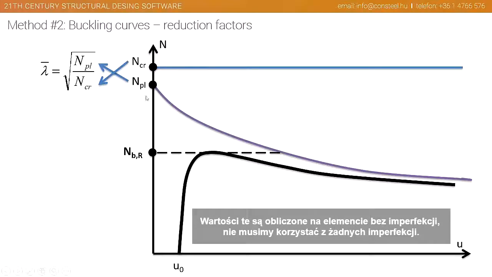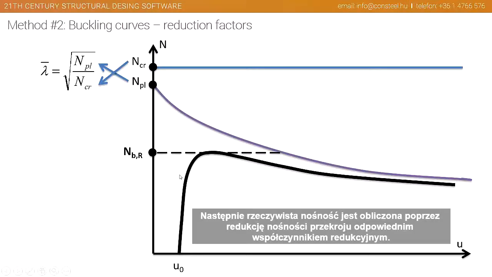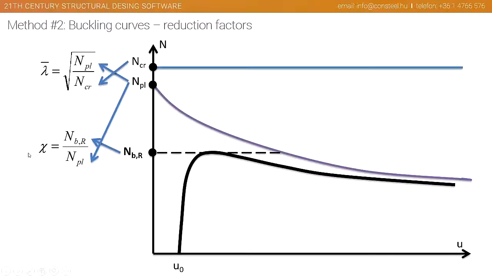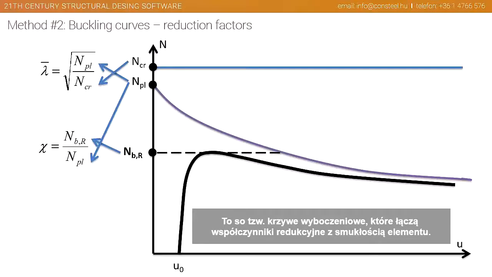These measures are calculated on the perfect member or not associated with this buckling mode. We don't have to deal with any imperfection associated with this buckling mode. And then the real resistance is calculated by reducing the section resistance by a suitable reduction factor, which is calculated from the member slenderness. These are the so-called buckling curves which connect the reduction factor to the member slenderness.